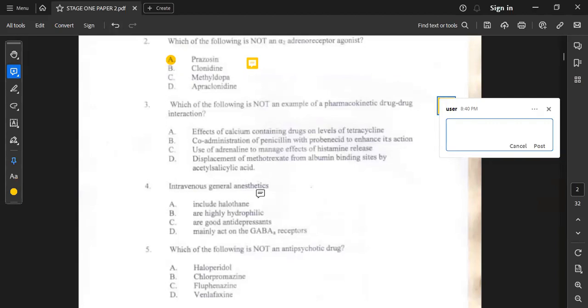I think for that it is the use of adrenaline to manage the effects of histamine release. So that was physiological antagonism, which is under pharmacodynamics.